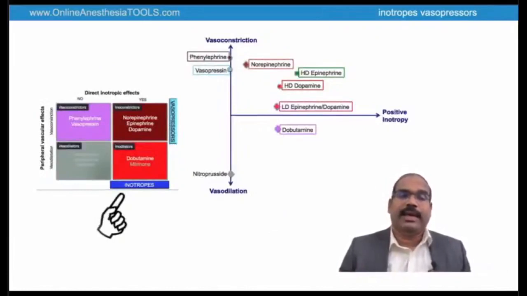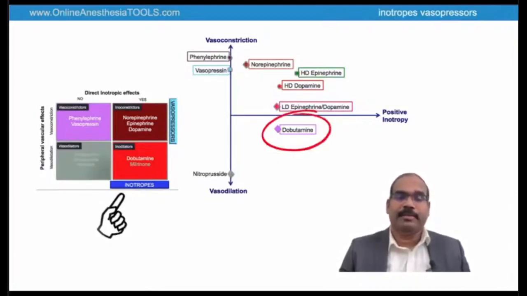Of course, we know that contractility is compromised, so we need to choose something from the inotropic side, right? So that's what we have tried to choose from the inotropic side on this grid here on the right side. And if no signs and symptoms of shock are there, the recommendation is to go for Dobutamine.